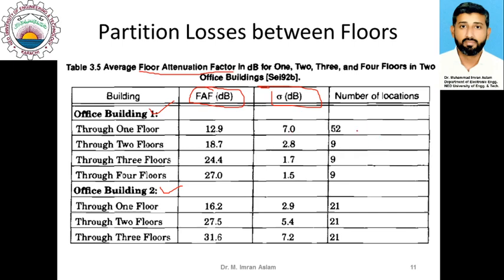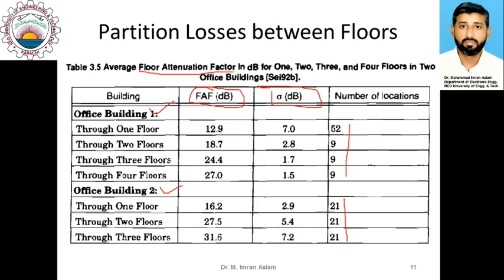The table also provides the number of locations where the measurements were taken. So for these cases the measurement was taken for 52 locations and 9 locations, and for office building 2, measurements were taken at 21 different locations, and on the basis of those measurements these results were calculated.